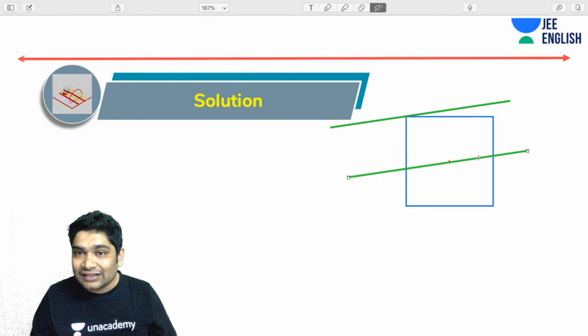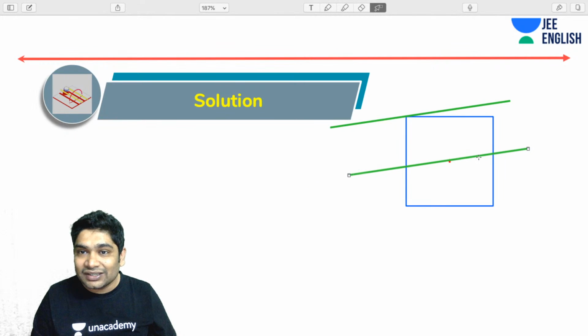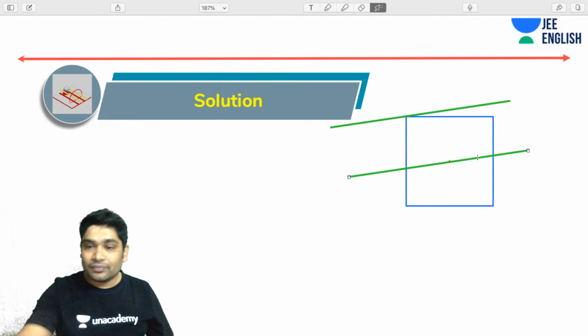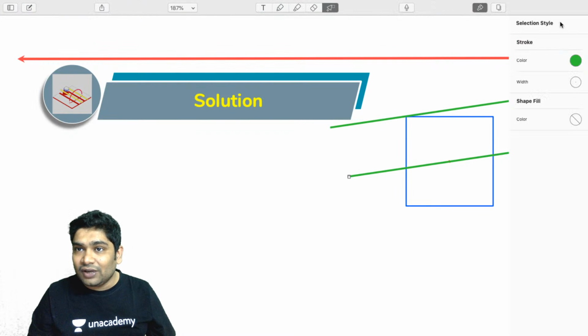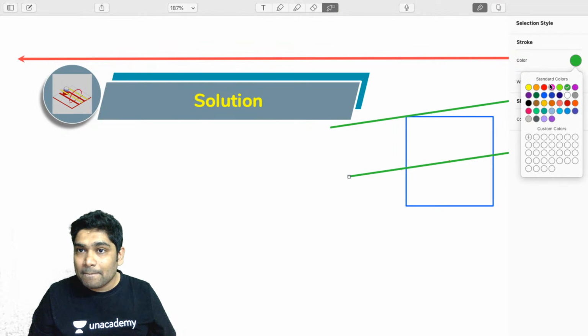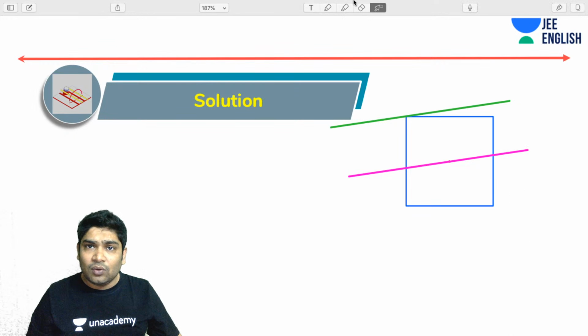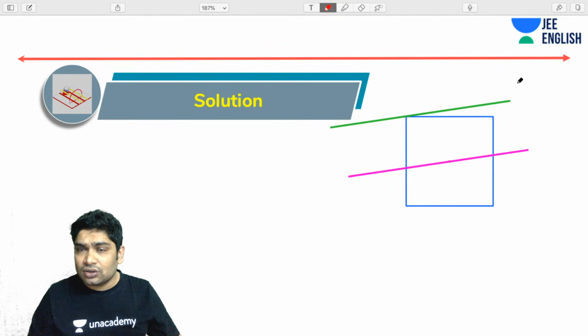So this is an axis which we made parallel to this and passing through the center. So this is what we are going to do first. So first we draw an axis passing through the center. Let's call this AA dash, and let's call the axis parallel to this passing through the center CC dash.